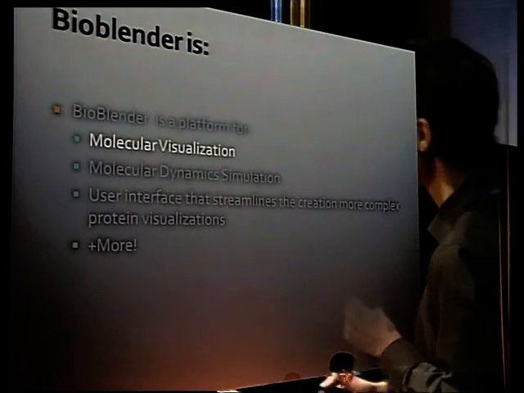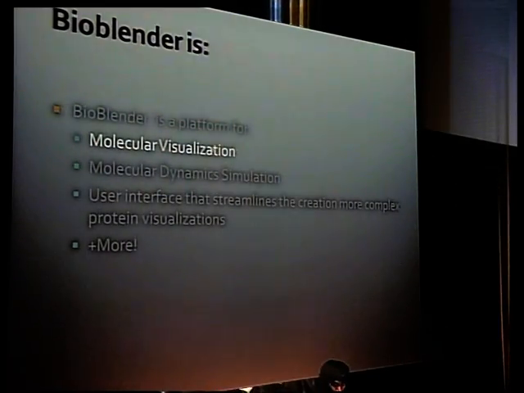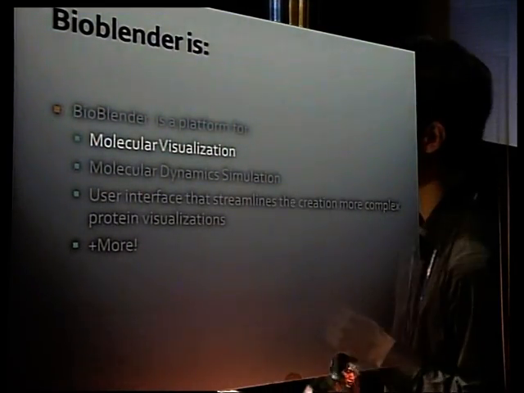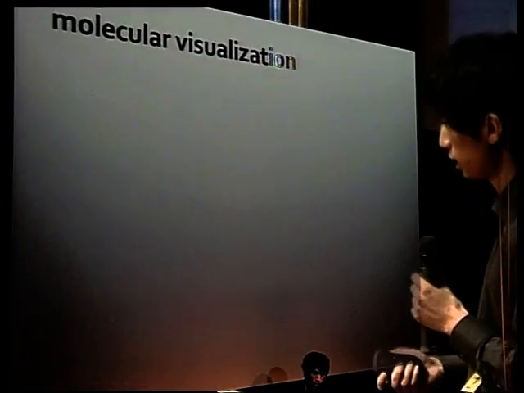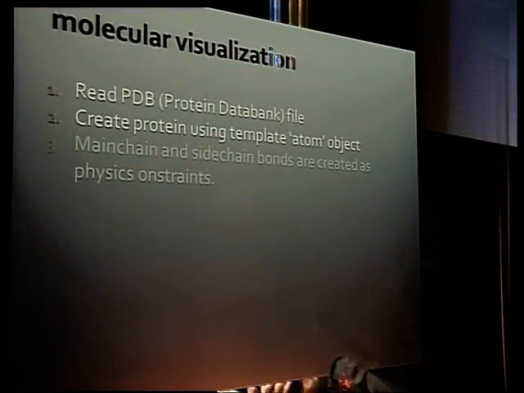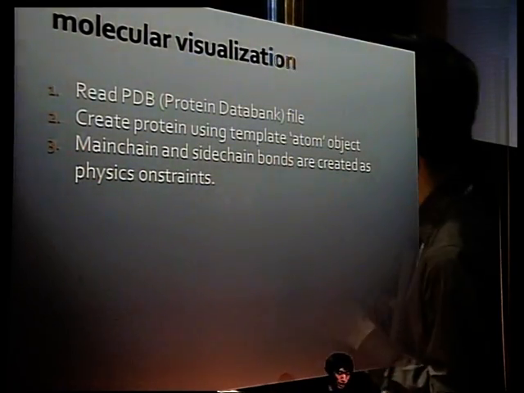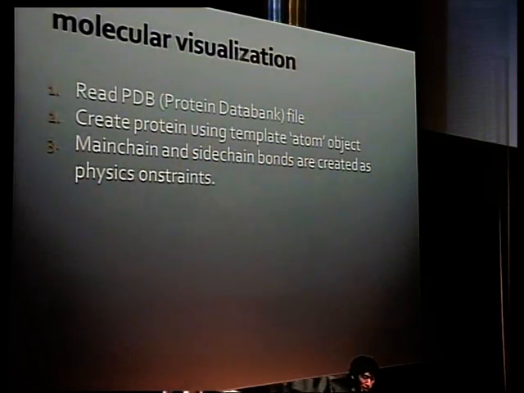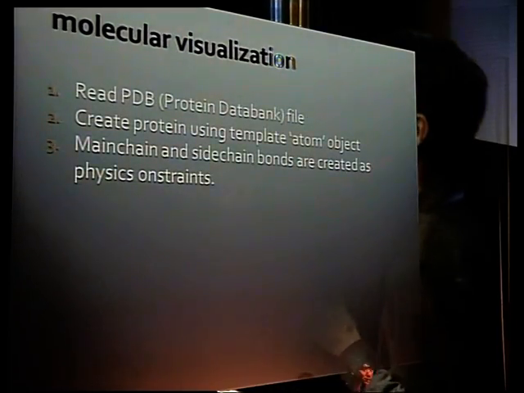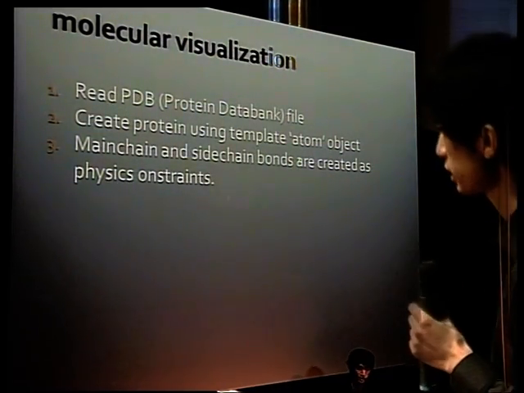So first thing, I'm going to talk about the molecular visualization. So when we import the molecules and visualize them in 3D, this is a bit technical, but this is all Python. The Python script reads the PDB file, which is a description of a protein.